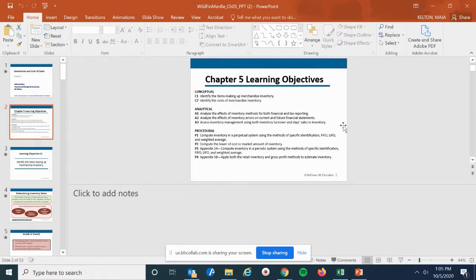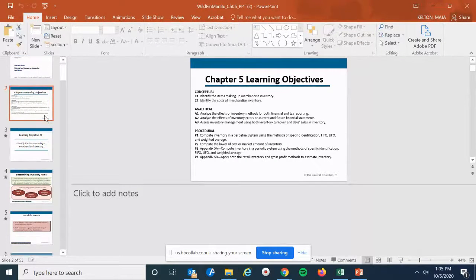We'll really learn how to compute the cost of merchandise inventory. In addition to that, we will look at the 3 different inventory valuation methods, LIFO, FIFO, and the average cost method. And we will learn how to compute the lower of cost or market when inventory is overvalued or overpriced.